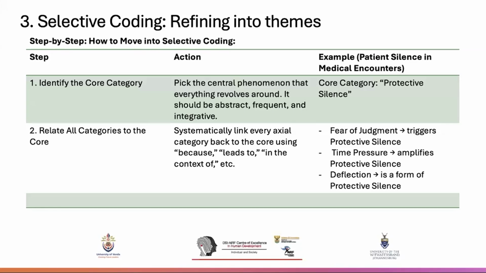For example, you will have a meaningful category that would be titled protective silence. So here you're trying to add more meaning into what you had. So the patient had a breakdown. The patient didn't want to discuss further what they were experiencing.